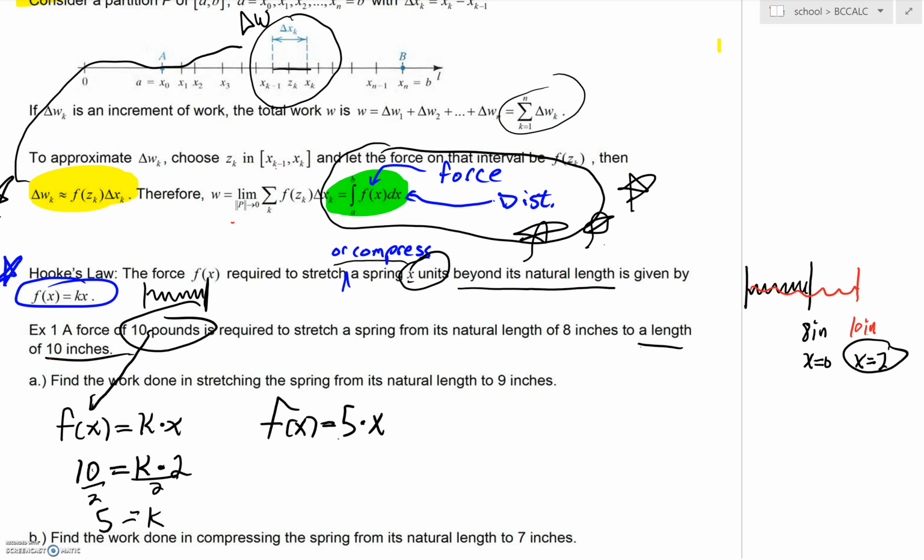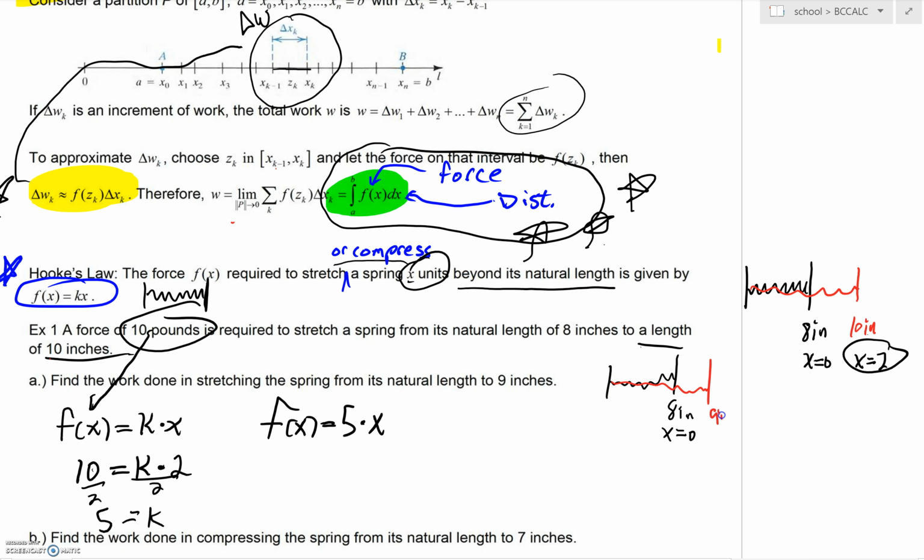Well, for part A here, it says find the work done in stretching the spring from its natural length to 9 inches. Well, let's see here. We know that 8 inches is its natural length. We called that x equals 0. And we're going to go to 9 inches, so we're going to go just a little bit further to the right.